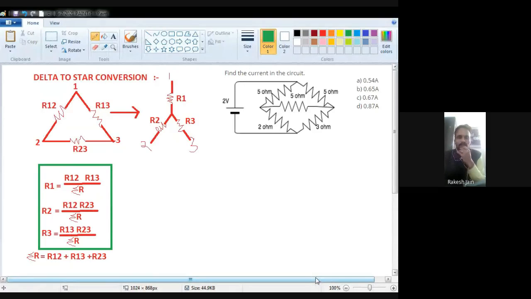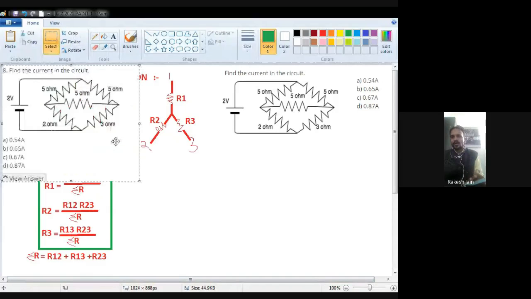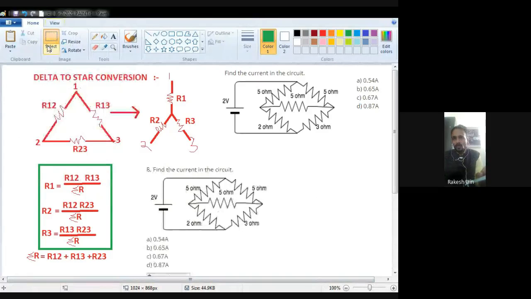Because I am delivering the lecture related to delta to star, we should focus only on the delta to star conversion. So let me paste it here one more time to show you what I am going to do. I consider this as a delta network.